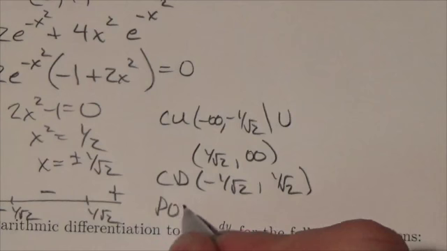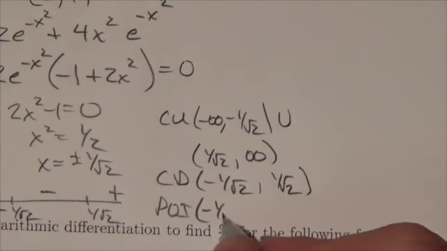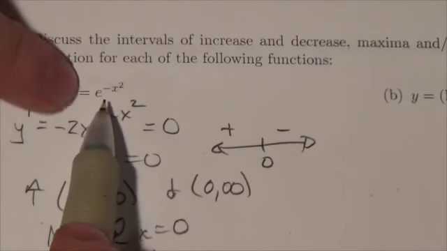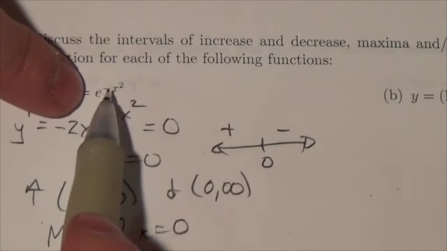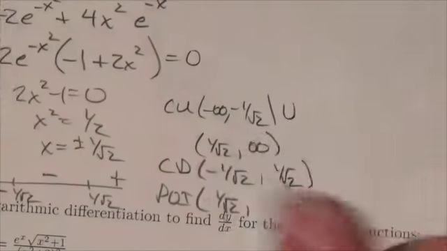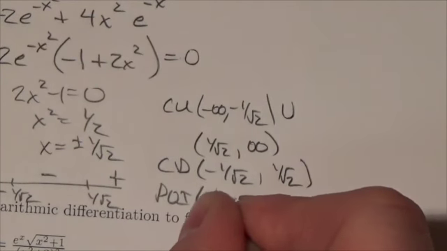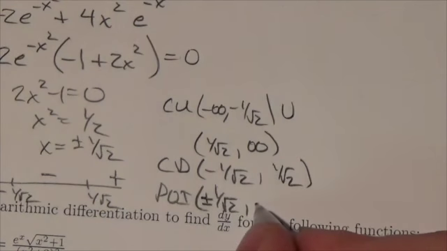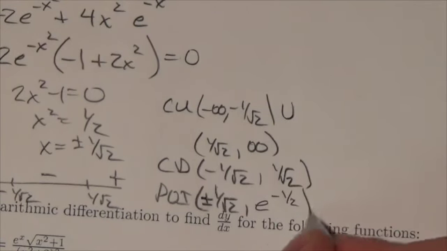And that's going to give us points of inflection at negative 1 over root 2, comma, well, I have to go back up to the original function. If you plug negative 1 over root 2 in there, this is going to basically get us 1/2, so this will be e to the negative 1/2. Both of my points of inflection are going to have the same y-coordinate, so just to make this a little easier to write, this is going to be plus or minus 1 over root 2, e to the negative 1/2. They're both going to look like that. And there we go.